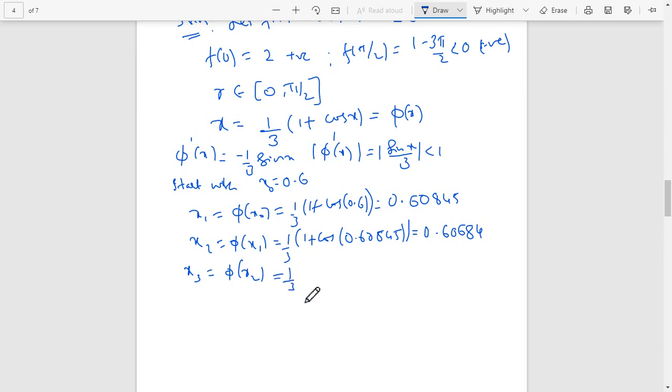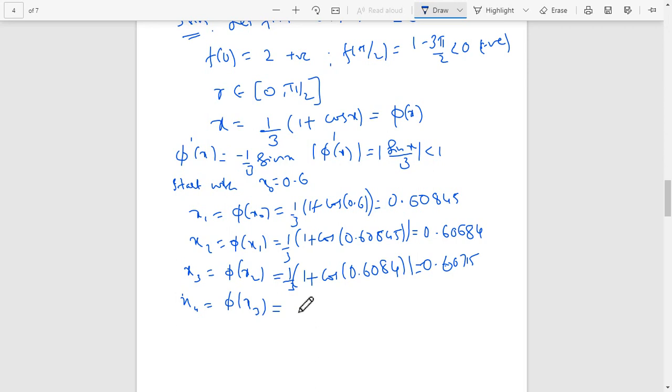Replace x1 by x2 here, the cos of 0.60684. This gives you 0.60715.